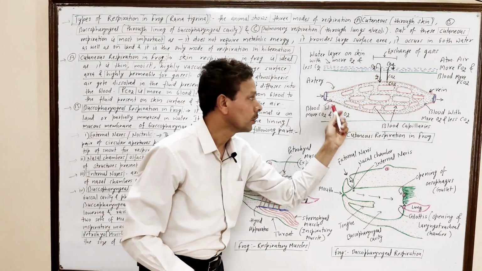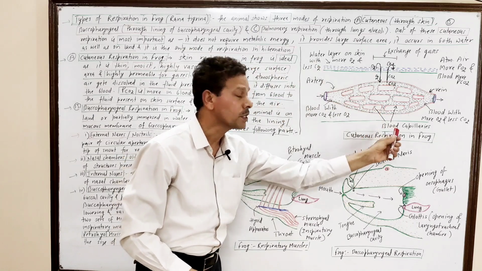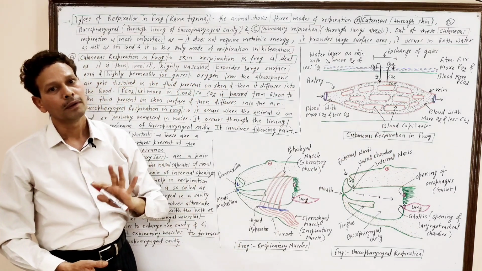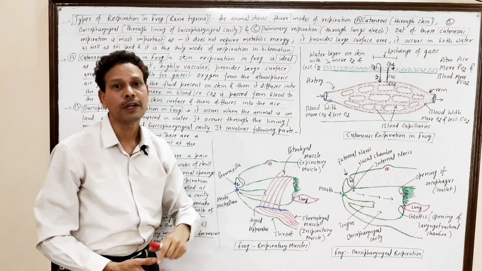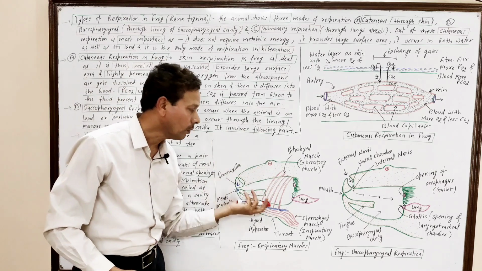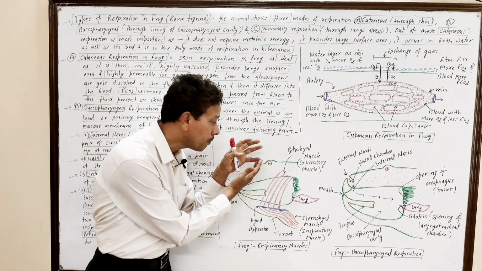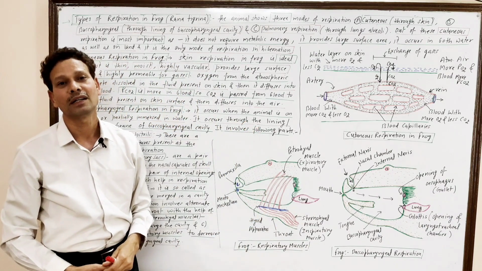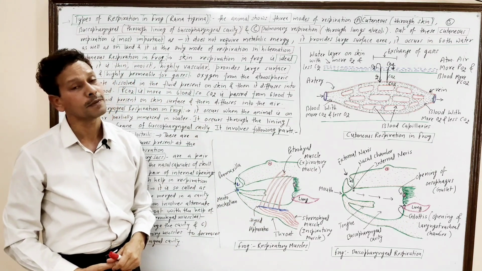One is cutaneous respiration, in which skin is involved, that is the most important part of respiration. And the second common mode of respiration occurs both when the frog remains on land as well as when the animal is partially immersed in water. At that time, buccopharyngeal respiration takes place.